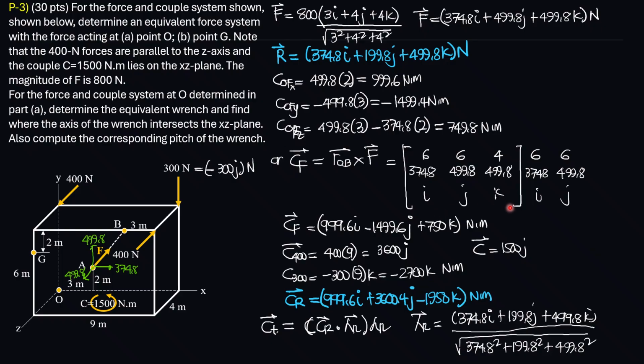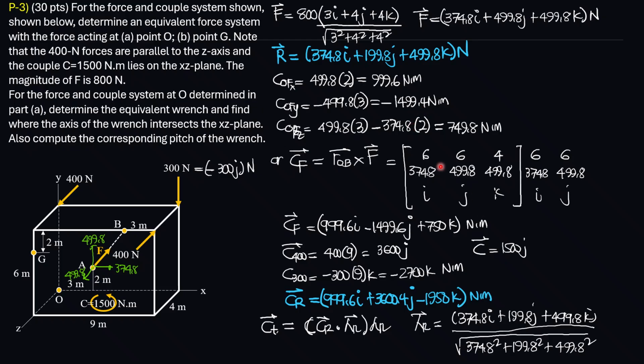Then unit vectors, copy the elements of the first two columns. So evaluate 6 times 499.8, then minus 499.8 times 4, and you'll get the same answer, 999.6 Newton meter. For J, 4 times 374.8, then minus 499.8 times 6, you'll get negative 1499.4.